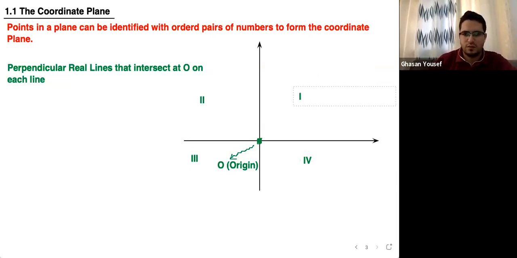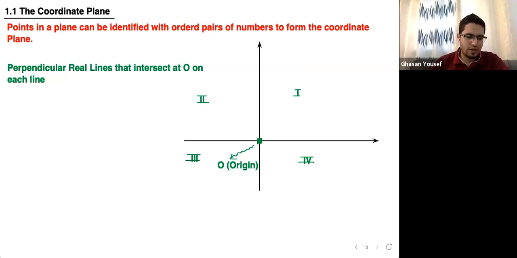So this is the first quadrant, this is the second, this is the third, and this is the fourth quadrant.